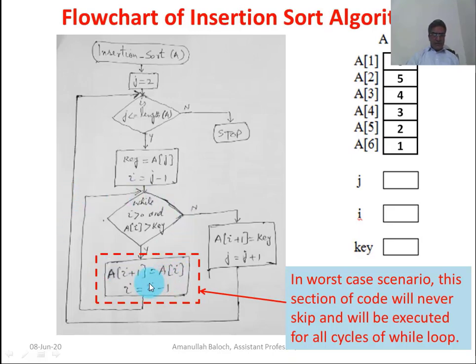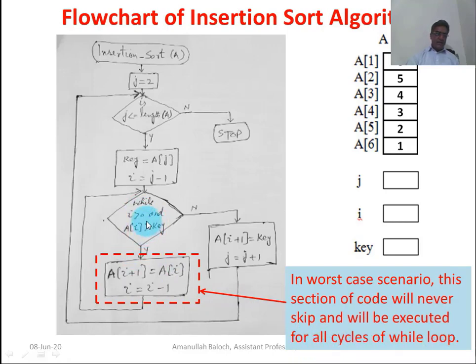In the worst case analysis, consider the same body of the while loop. In the worst case scenario, this section of code will never be skipped. It will be executed for all cycles of the while loop.